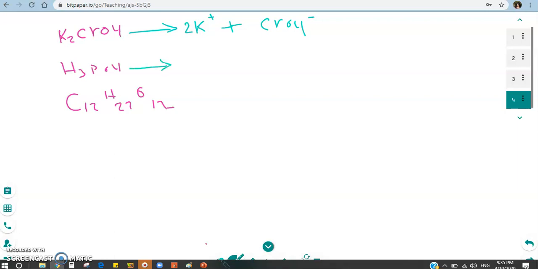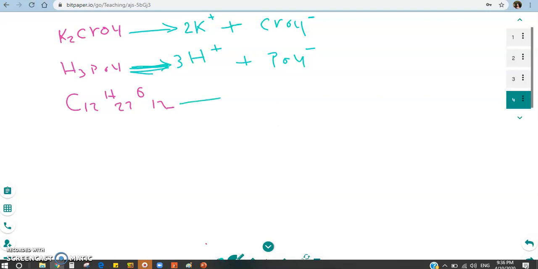The other thing is H3PO4, and they said it's partially dissociated, which means we have to use 2 arrows to indicate a reversible reaction. And then it will dissociate into H positive and PO4 negative. But we have 3 of the H's and 1 of the PO4. I got the 3 just from the formula.